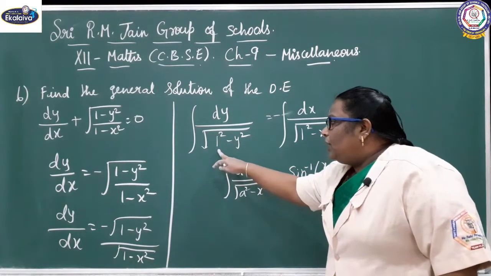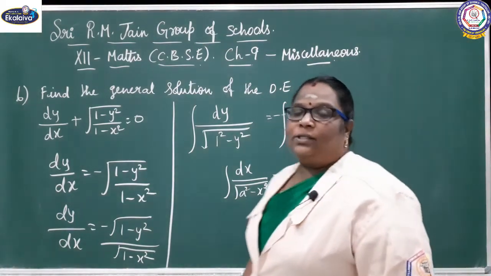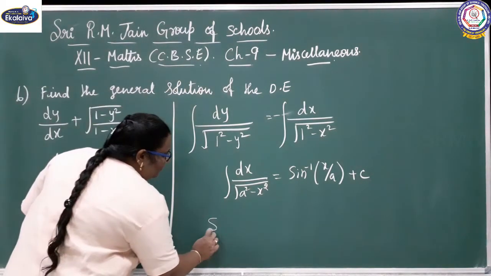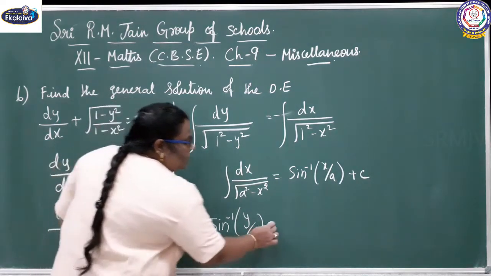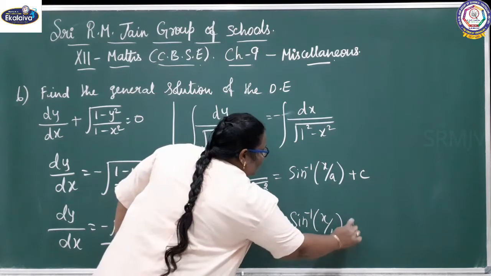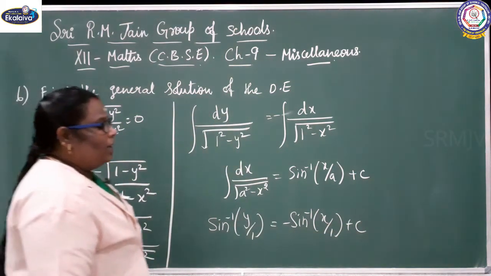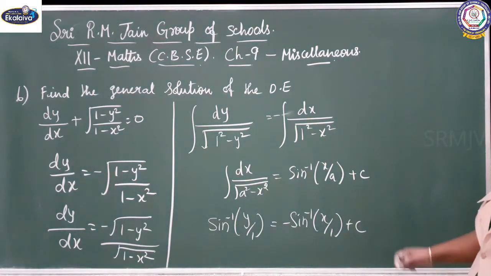In the place of a, 1 is there, and in the place of x, y is there. So what is the value we are getting? Sine inverse of y by 1 equal to minus sine inverse of x by 1 plus c.